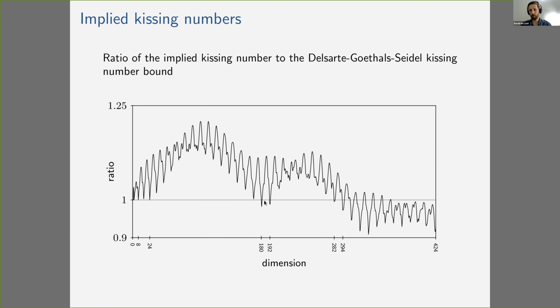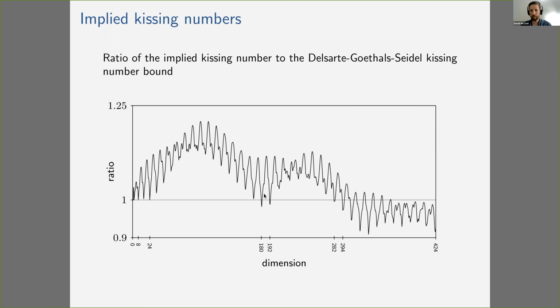But then here it goes below, and here it also goes below, and we don't really know what happens asymptotically. From this plot, we cannot really state a conjecture about what happens asymptotically. So I think this behavior is very interesting. Of course, it would have been very nice if in some dimension it would again match exactly, because that would suggest that there's another really interesting sphere packing, but unfortunately that doesn't happen.